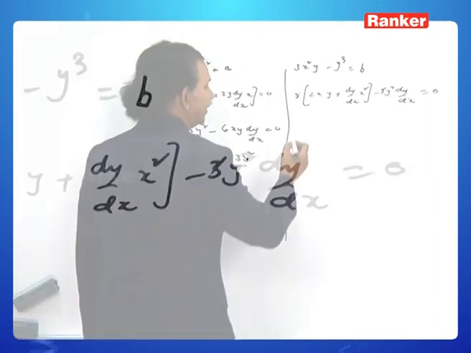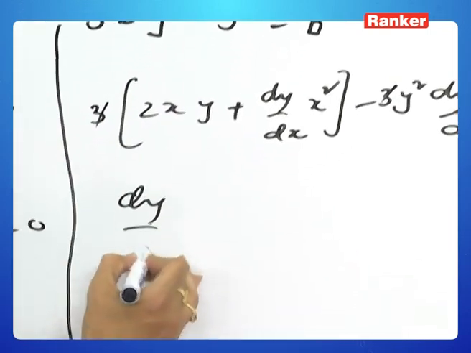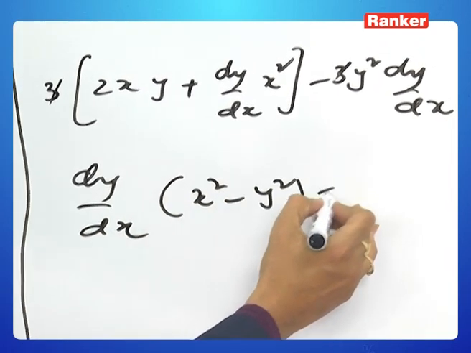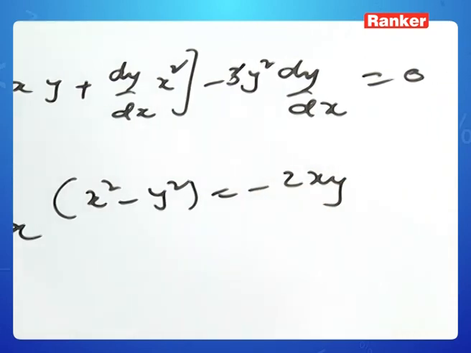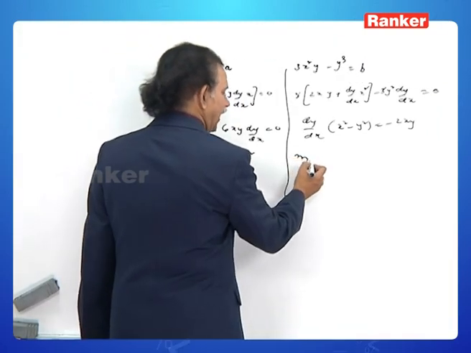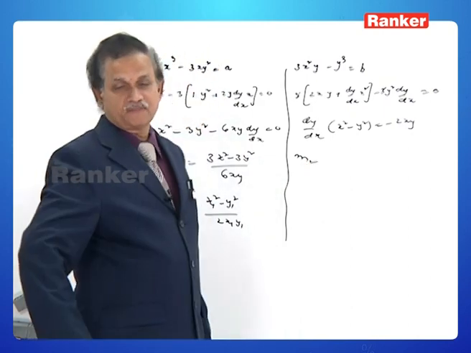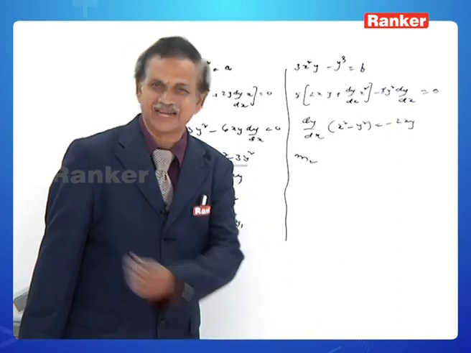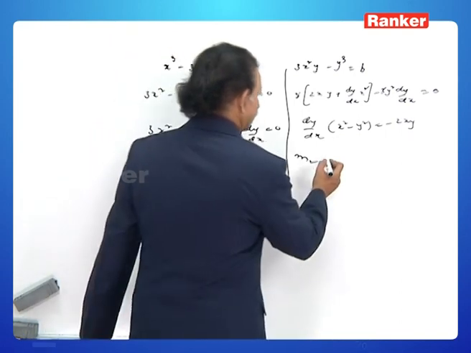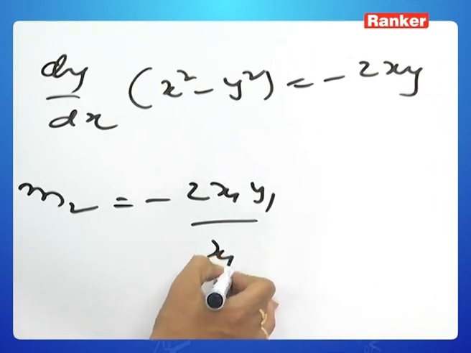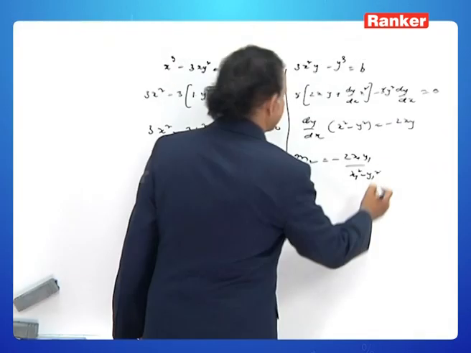So that dy by dx into x square minus y square is equal to minus 2xy. Automatically, m2, which I am representing as the slope of the tangent at x1, y1 on the second curve, is equal to minus 2x1, y1 by x1 square minus y1 square.